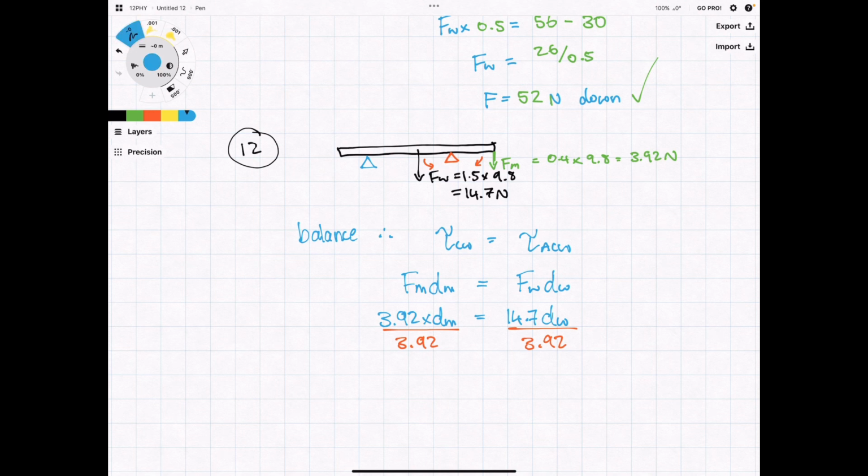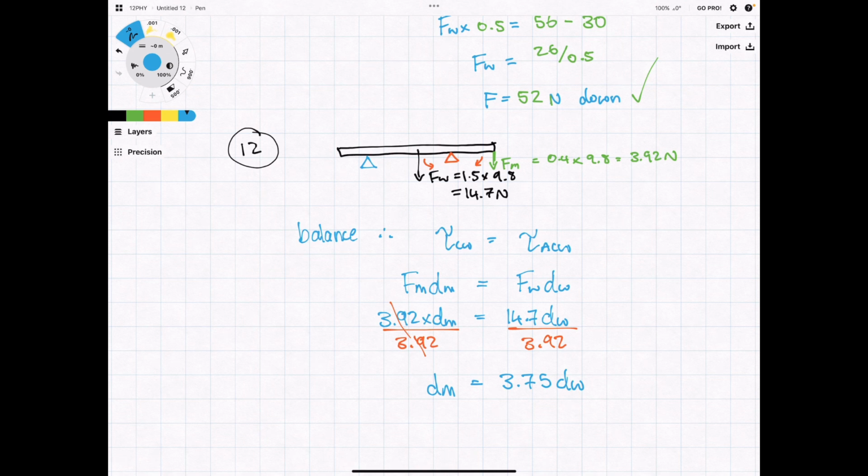We're going to get down here, dm, just cancel those out so we can see, equals 14.7 divided by 3.92, which was 3.75 dW. Okay, so dm is going to equal 3.75 of the weight force.